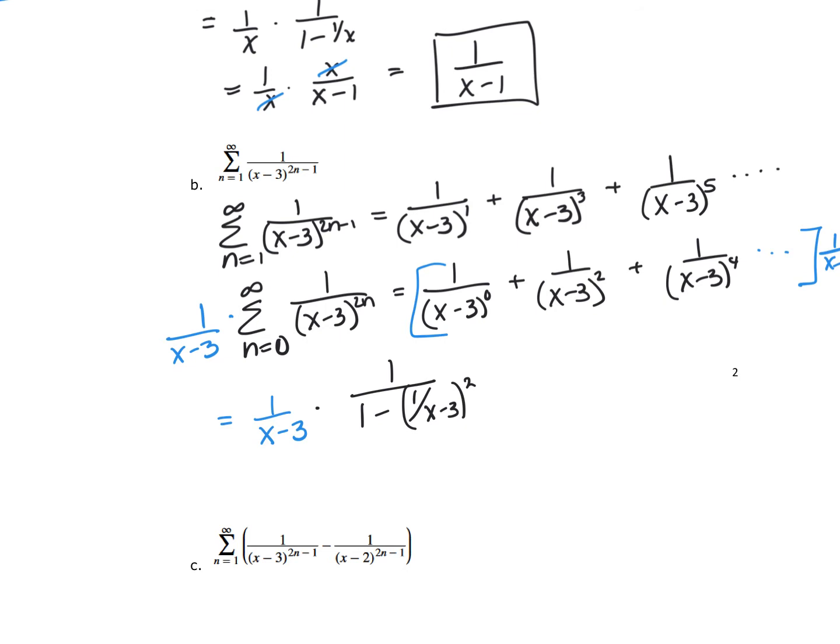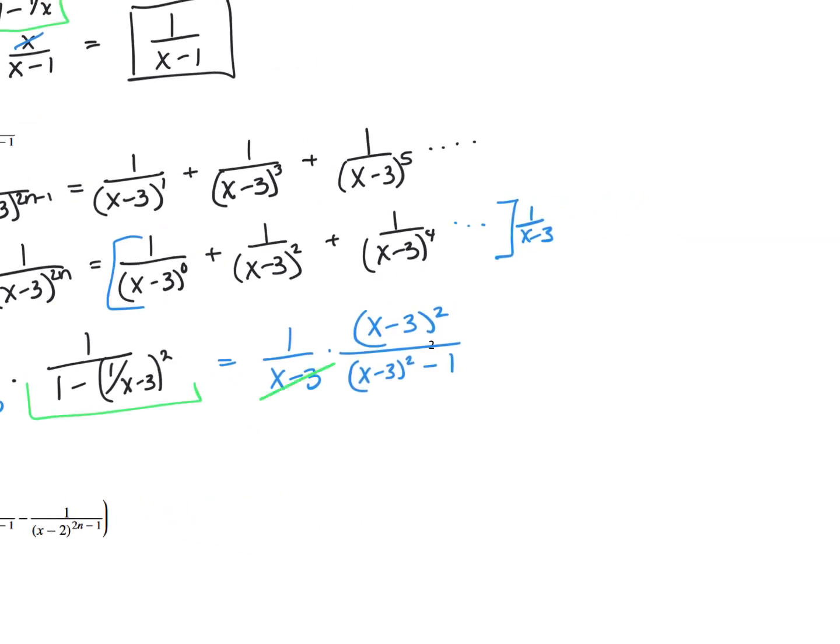So, as before, I need to deal with this complex fraction, just like I did with the complex fraction up above, not this one. So I need to multiply every term within my complex fraction by the quantity x minus 3 squared. So 1 over x minus 3 multiplied by x minus 3 squared, over x minus 3 squared, minus 1.